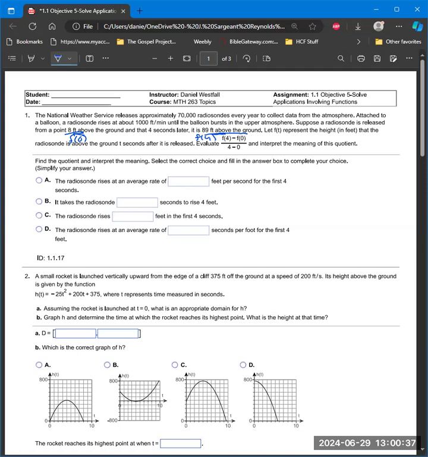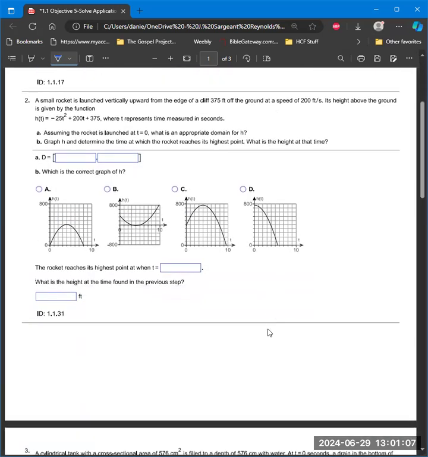So evaluate the average rate of change here. f of 4, which is 89, minus f of 0, which is 0.8, over 4 minus 0. This is going to be 81 over 4, which is 20 and 1/4, or 20.25. It's going to be A. 20.25 feet per second for the first 4 seconds.